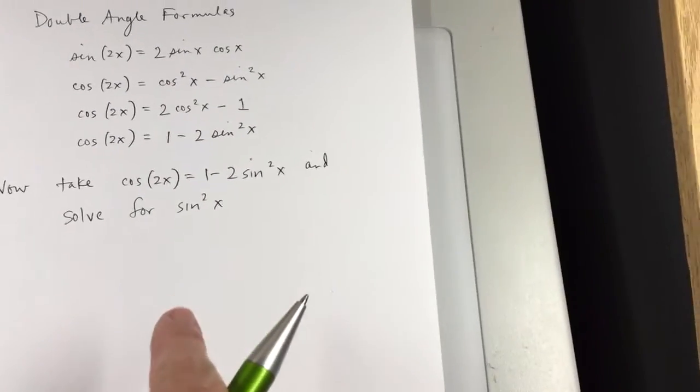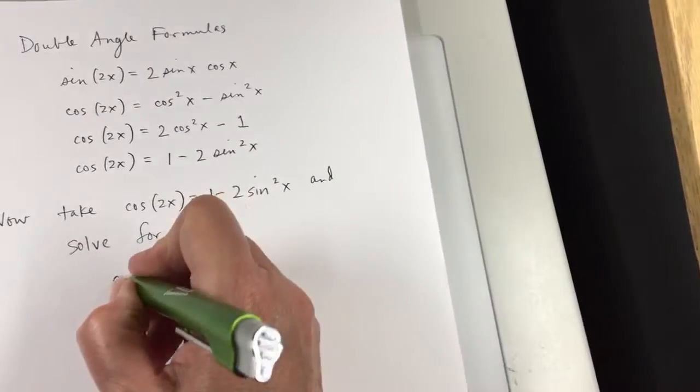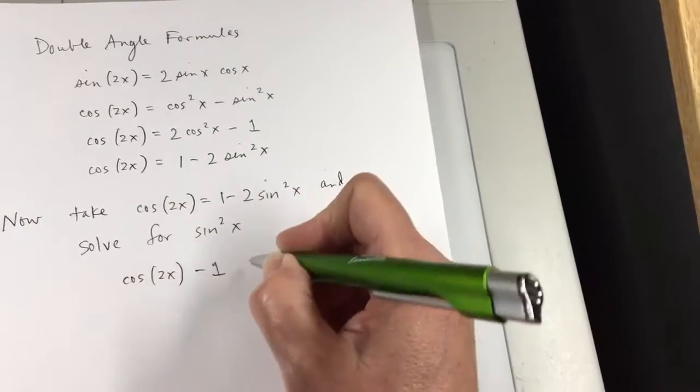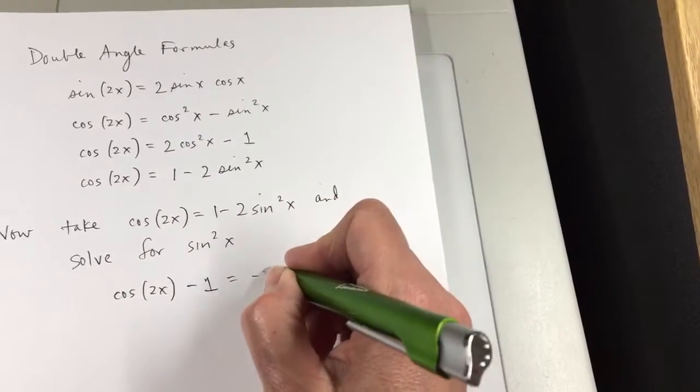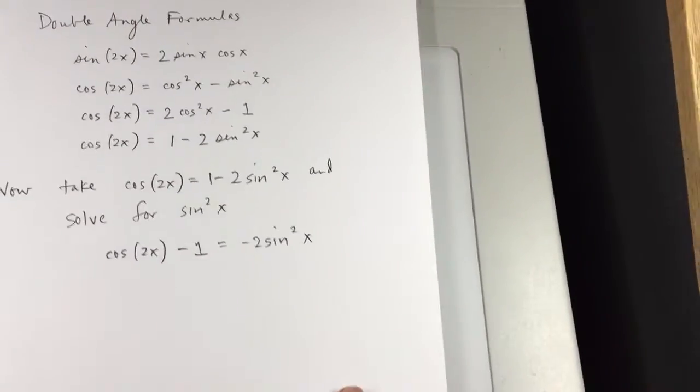Well, I'm going to have to just do this. I'll do minus 1 from both sides. Cosine 2x minus 1 is negative 2 times sine squared x.